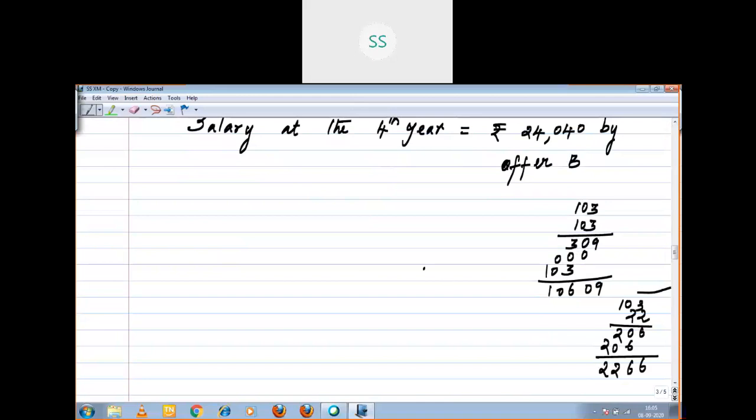Right? Now you want to multiply 16069 with 2266. 54, 5, 36, 3, 6. 4 5 6 3 6. Then 18 remaining 1, 12 remaining 1, 2.